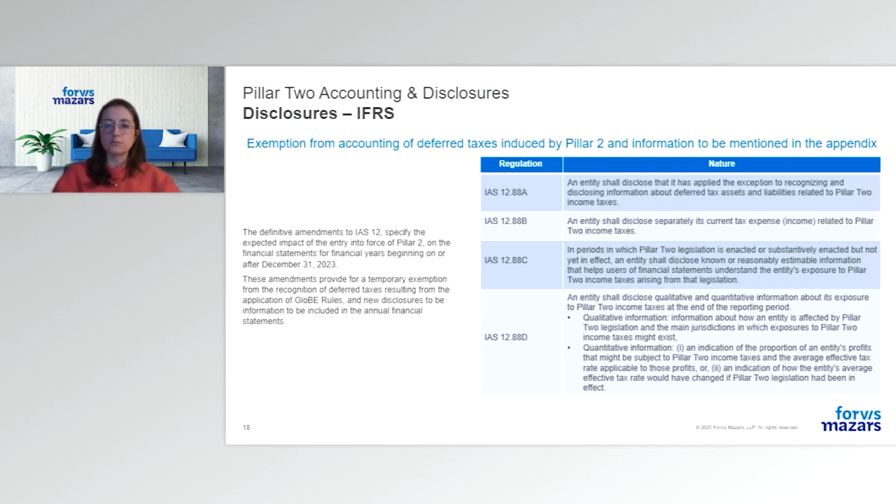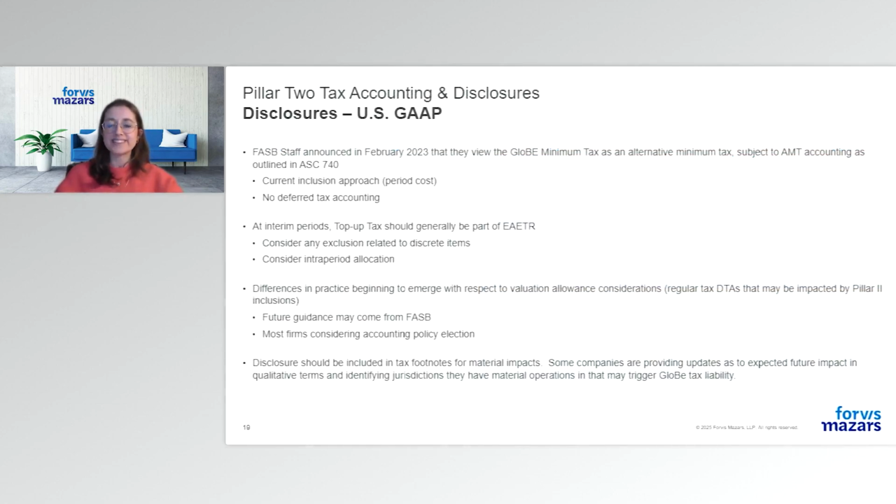So in years before, there has to be some qualitative and quantitative information disclosed under the IAS 12 amendments. And that said, we will look at the national regulations under local GAAP. I will hand over to you, Eric, for US GAAP.